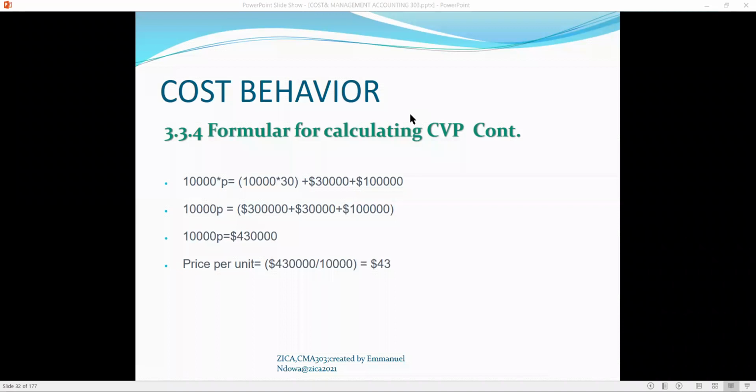But in order to advise the management that you need to sell at $53, you need to have an indicator in your market that your product is elastic or inelastic in order to sell at 53.